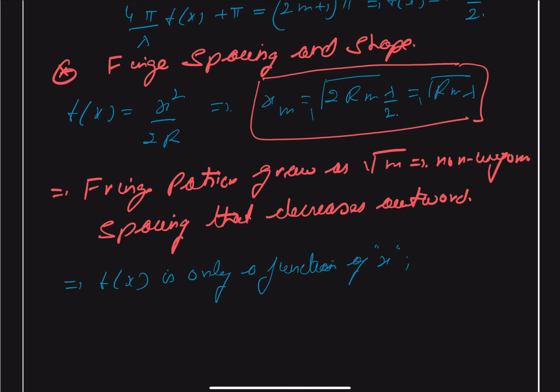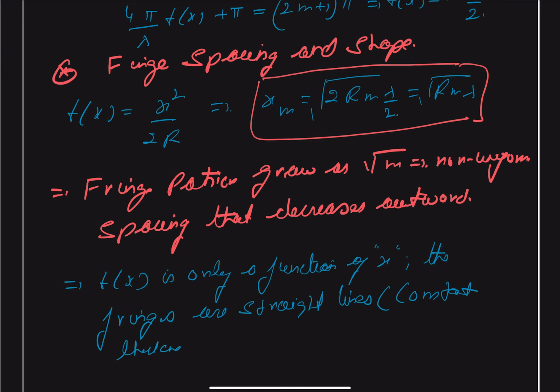So you can say the fringes are straight lines, or we can say constant thickness lines and parallel to cylindrical axis.